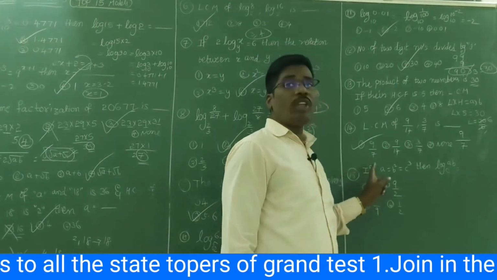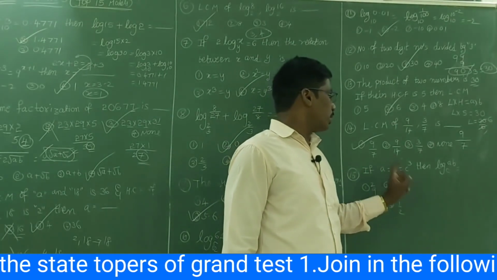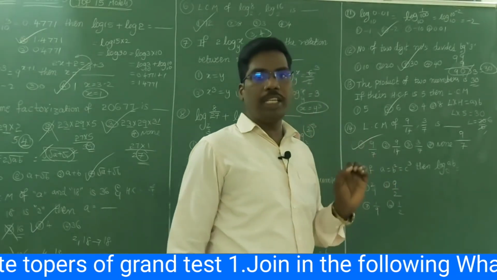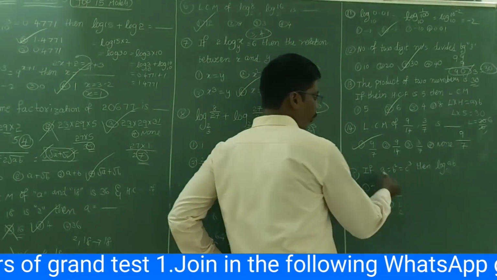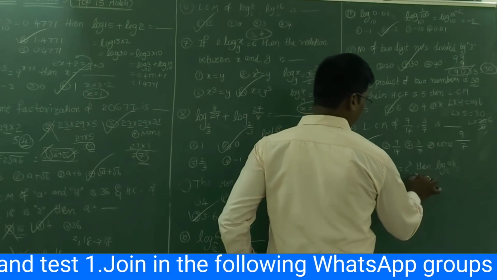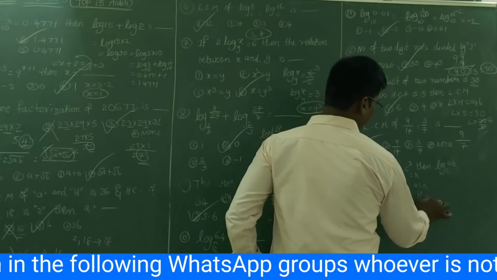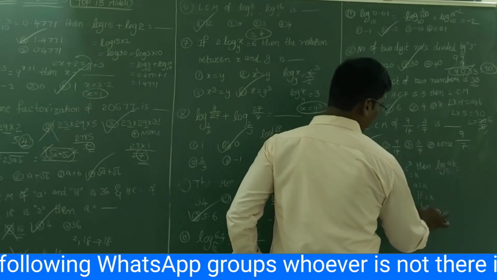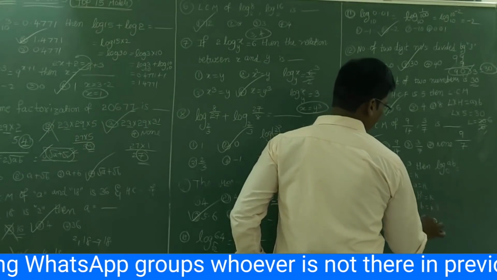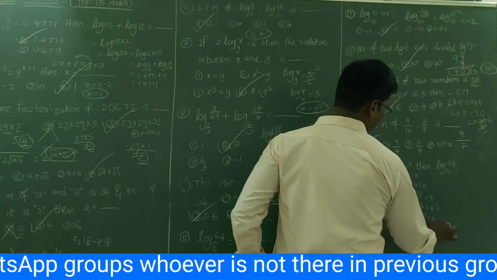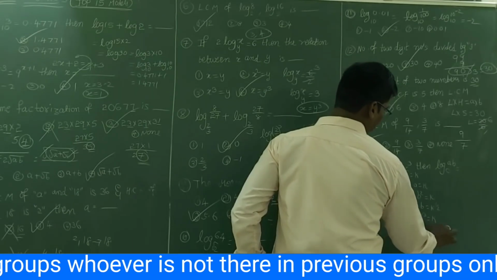And if A is equal to B square is equal to C cube, then how much is log AB base C? See here, if you think of this as equal to K, then A is equal to K, B square is equal to K, then B is equal to K power 1 by 2, C cube is equal to K, then C is equal to K power 1 by 3.